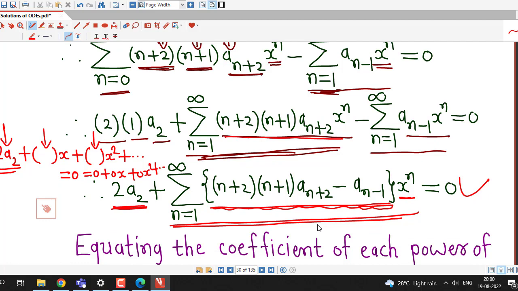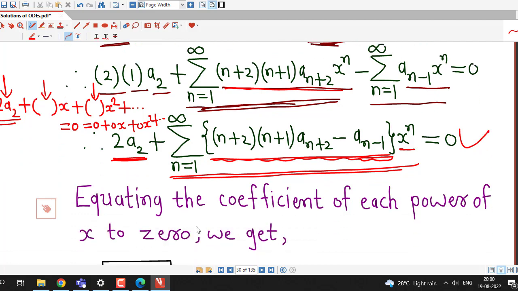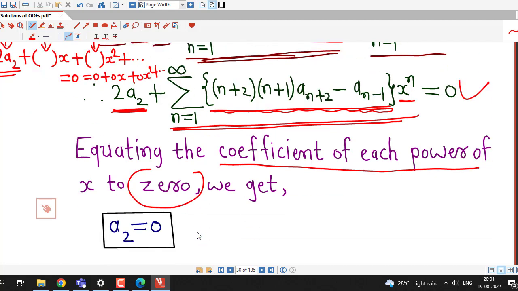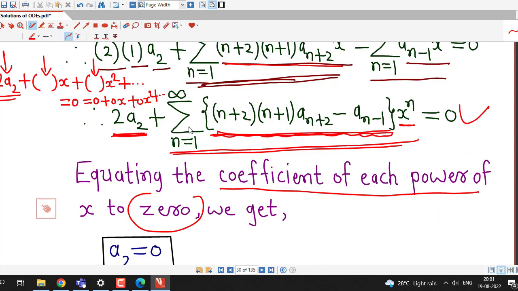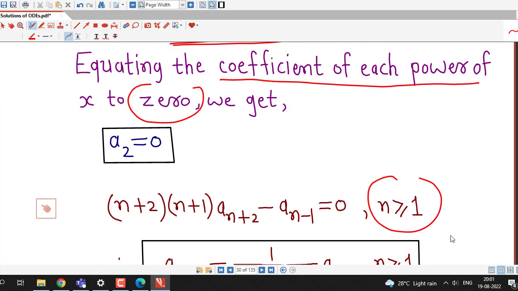So in the next step we consider that equating the coefficient of each power of x to 0, we get 2a2 equal to 0, that means a2 equal to 0, and (n+2)(n+1) a_{n+2} minus a_{n-1} equal to 0, and here summation is from 1 to infinity, so this is for n greater than or equal to 1, or we can write n can take the values 1, 2, 3 and so on.